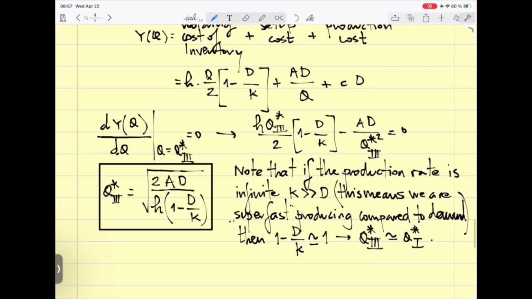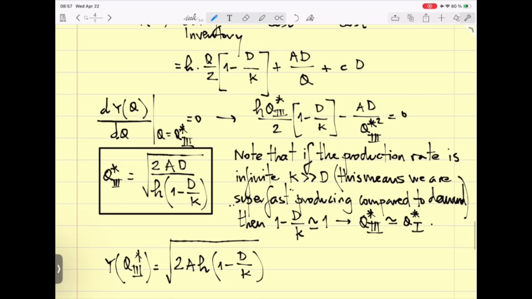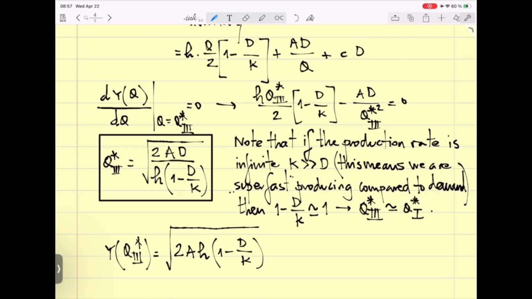In the same manner, if we do the same calculation as we did in the first model, the best cost for Q3 star equals the square root of 2ADH times 1 minus D divided by K. You can do it by substituting Q sub 3 star in the cost function.